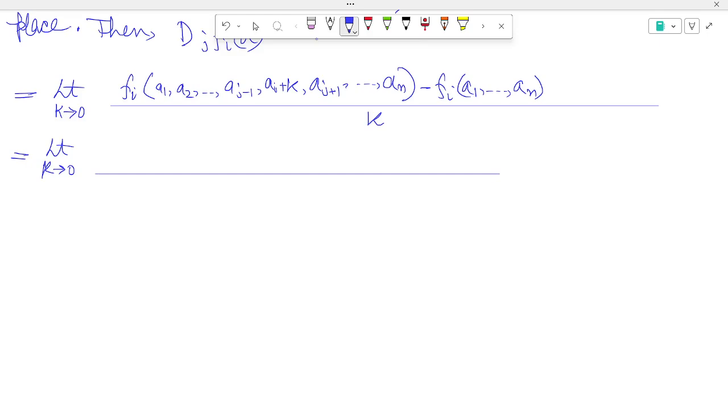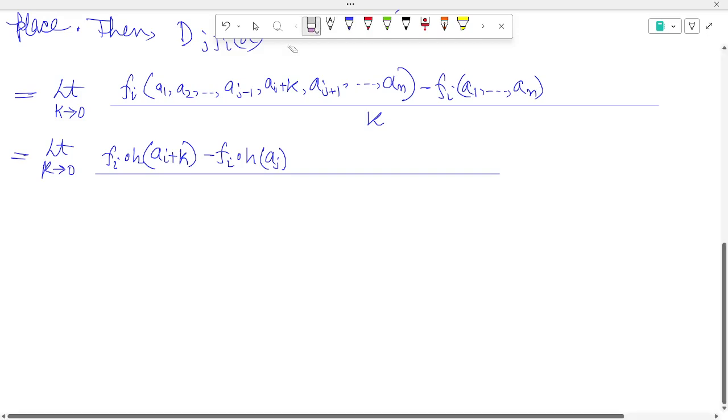That thing is nothing but, if I compose h, f_i plus k minus if I compose h, a_j, sorry, it's the jth position, right?